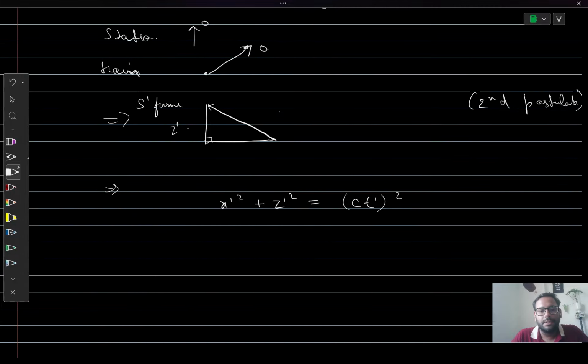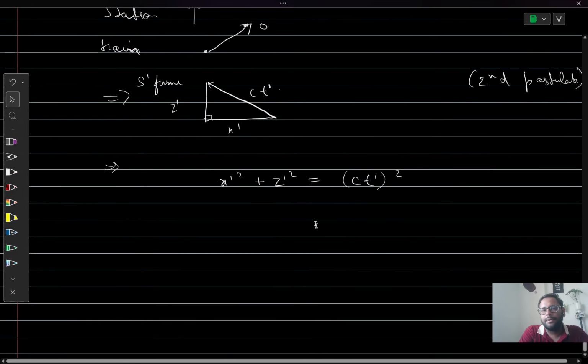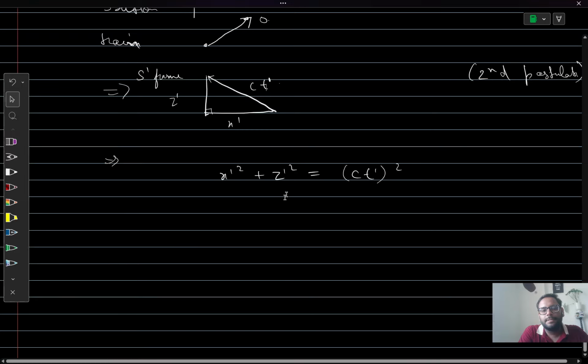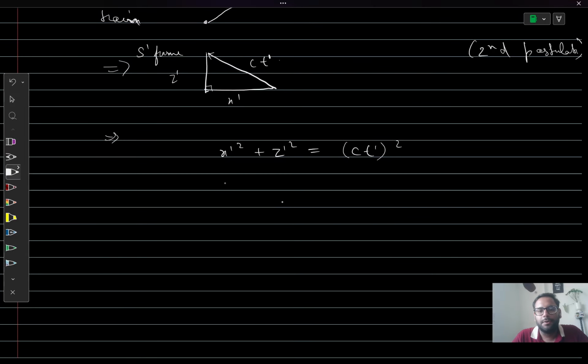Let's assume this is z prime and this is x prime, and the light is traveling with the speed of light, and the time is t prime, so you can write this equation. Sometimes I forget some things. Let's rewrite these things.